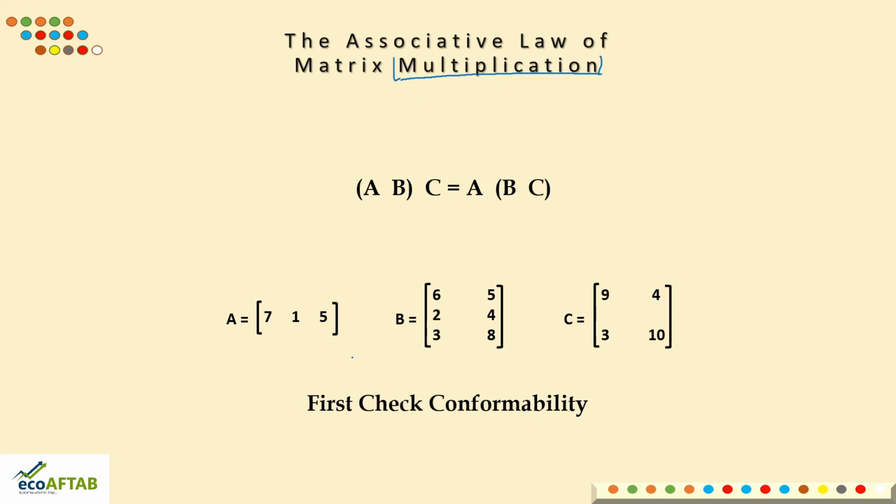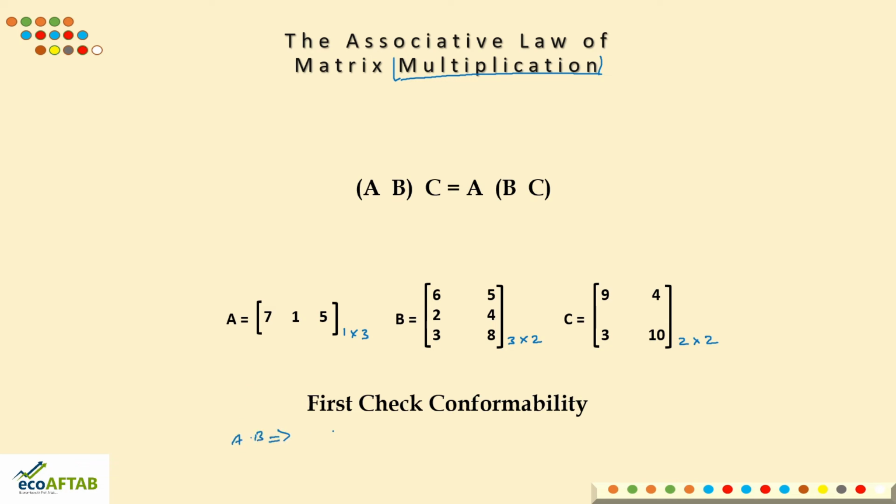This particular matrix A, that is 7, 1, 5, is a matrix which is having one row and 3 columns. Matrix B is the matrix which is having 3 rows and 2 columns, and matrix C is having 2 rows and 2 columns. So for conformability we need to see, can we multiply A and B?